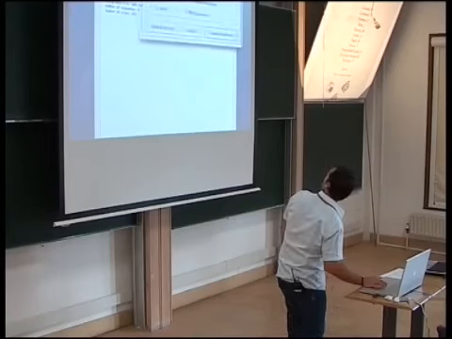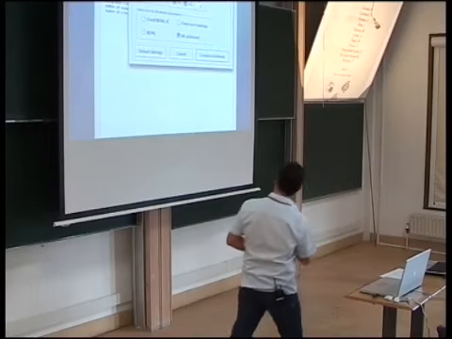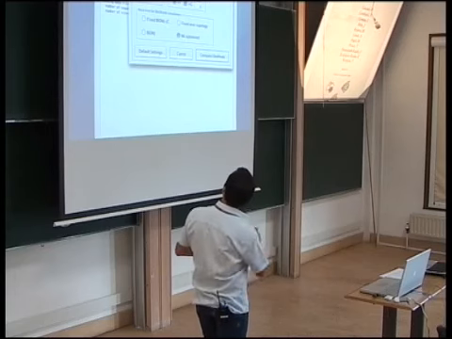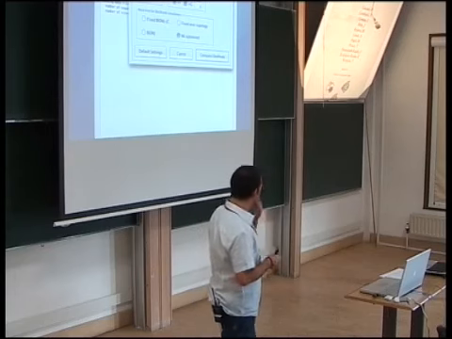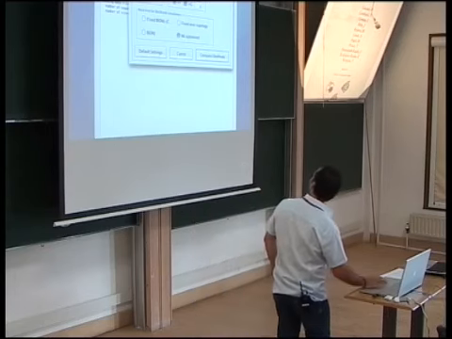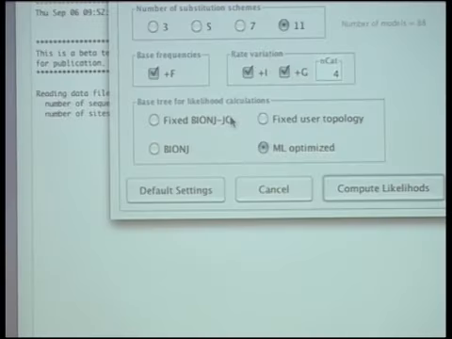Here you're going to be able to choose your candidate set of models, whether you want to include models with different numbers of substitution schemes or parameters, and whether you're going to estimate your tree. That's something I didn't talk about: whether you use a fixed topology to get all these likelihoods or you also optimize the topology. It turns out that it doesn't matter, really. You get pretty much the same results.